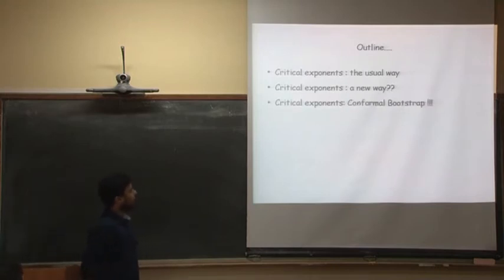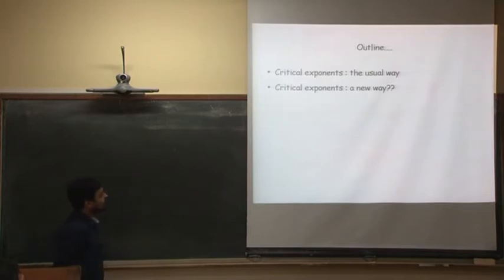And of course, while I will say that this new way is quite elegant, it can only give you up to some particular order in epsilon, not up to the full epsilon expansion and so on.